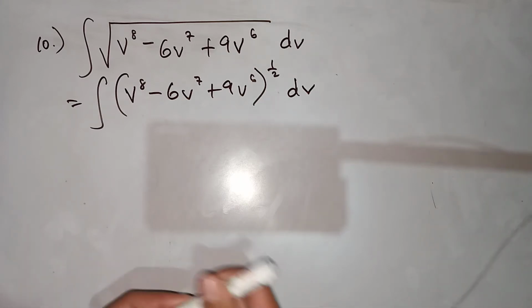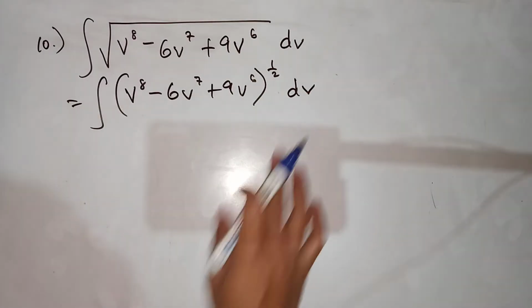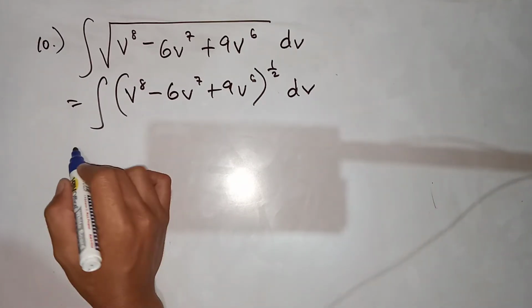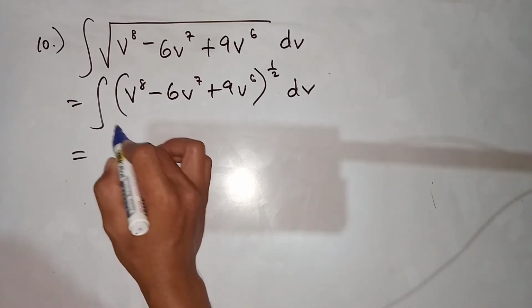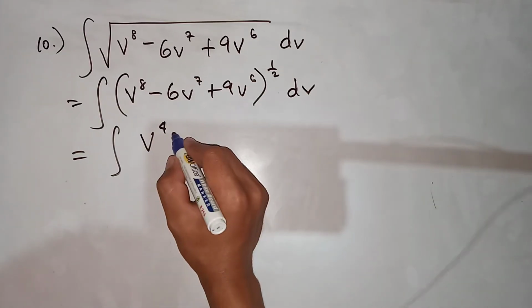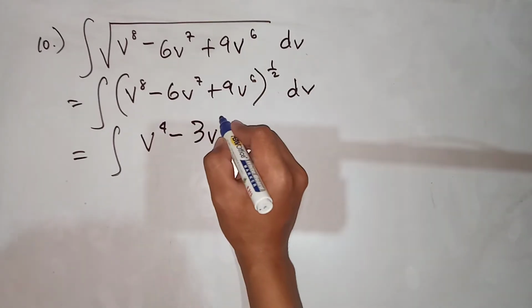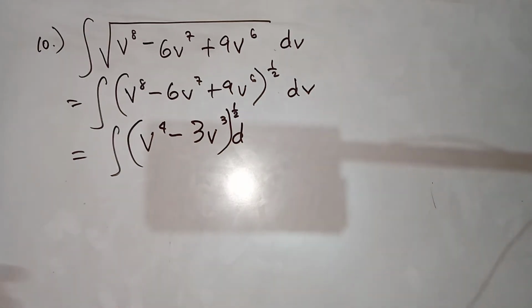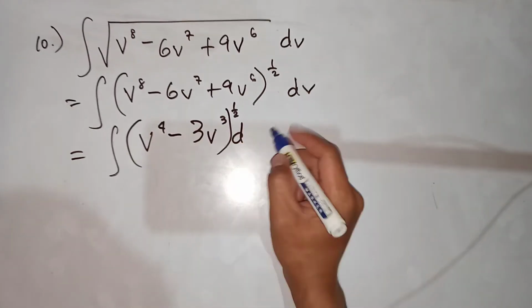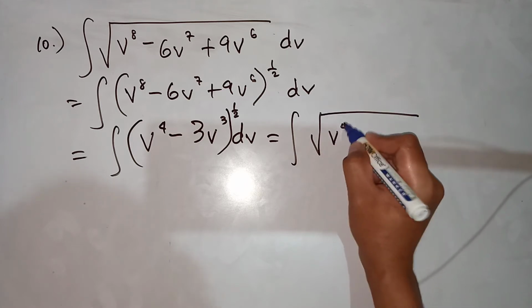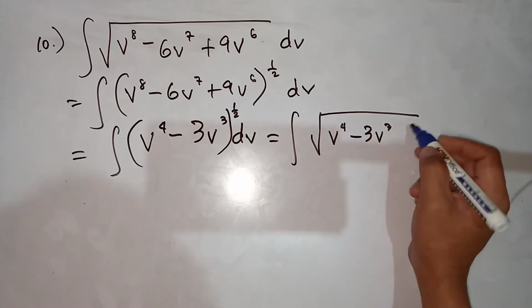Now what you have observed, notice that this expression here can be factored out into this one, v to the 4th power minus 3v cubed, raised to 1/2. Now remember, this is just equal to the integration of square root of v to the 4th minus 3v to the 3rd.